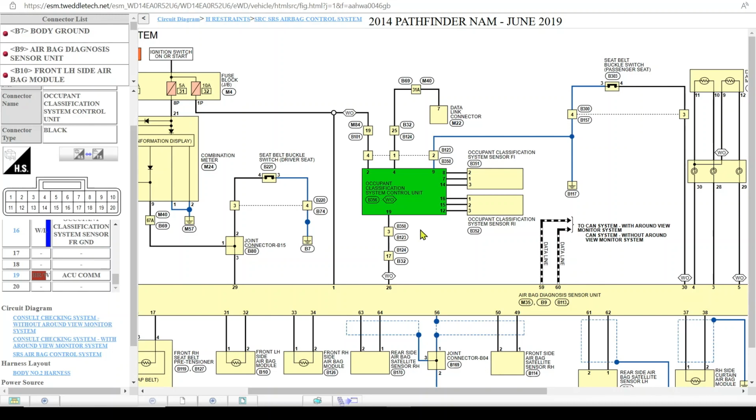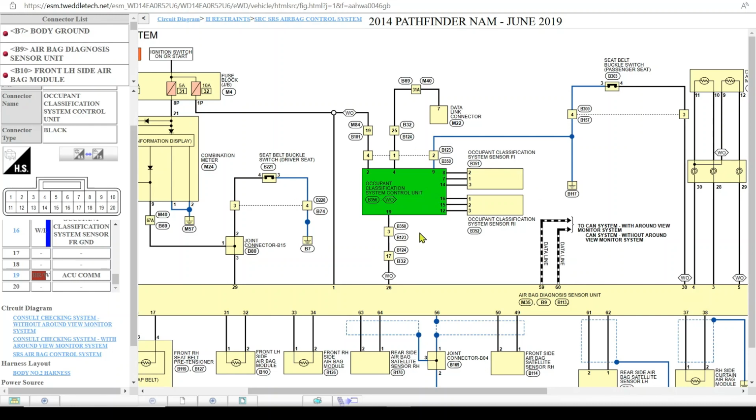I learned a lot by just exploring things. I suspect that this system works more off of current than voltage. I've got an ultra low current clamp, but I didn't get it out. I was kind of running out of time. I'd kind of played enough with this, but I'll revisit that one day.